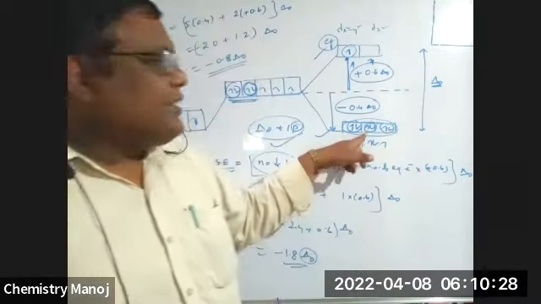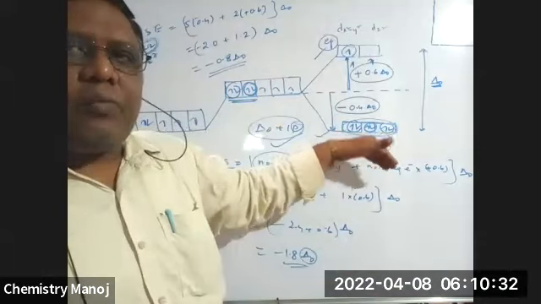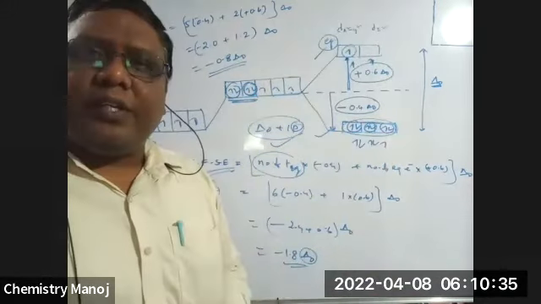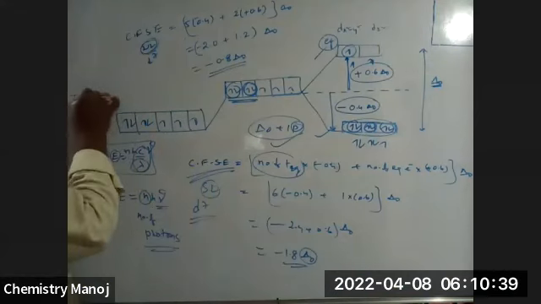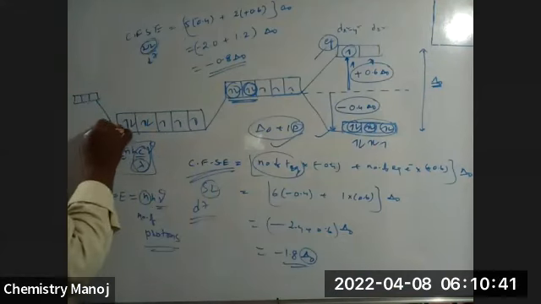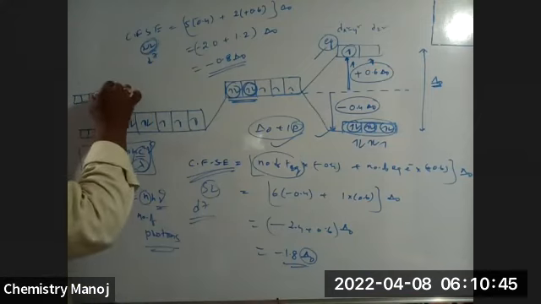That is why these orbitals are at the down position and those are at the top position.